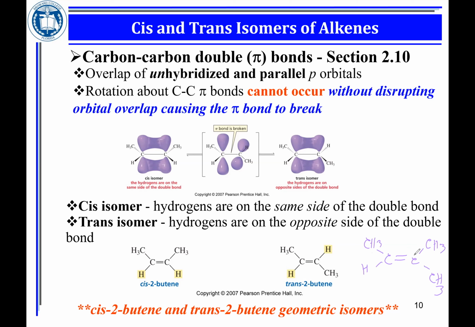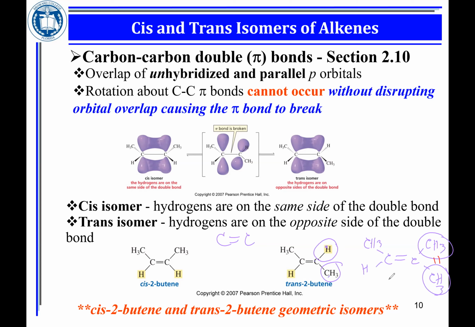There are two conditions for cis-trans. Condition 1: the molecule must contain a C=C double bond. Second condition: the groups attached to each carbon must be different. In this case, the CH3 and the other CH3 are equal.